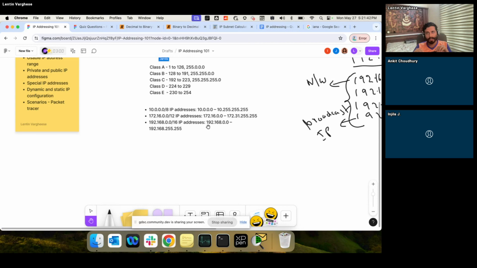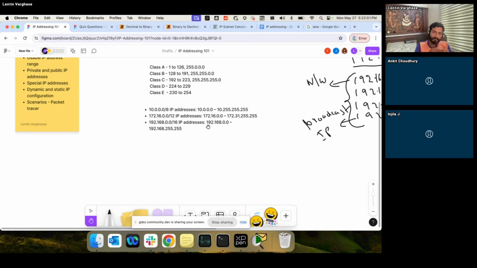How that works is all these devices in the home network are connected to a home router. Now the home router has a public IP address. With that, the home router will connect to the internet. So anytime you want to make a communication to the internet, your request will hit the home router.